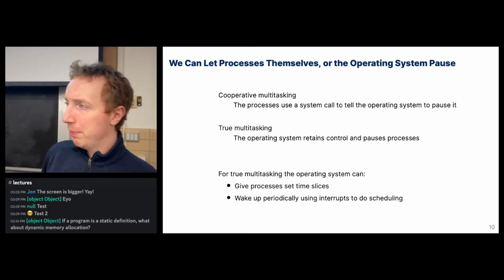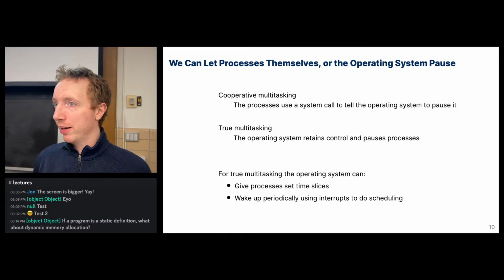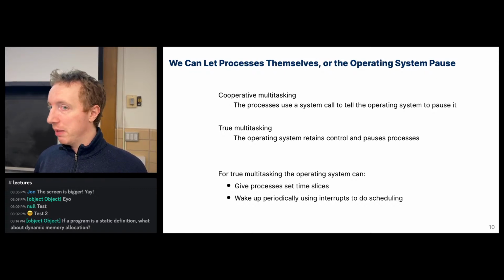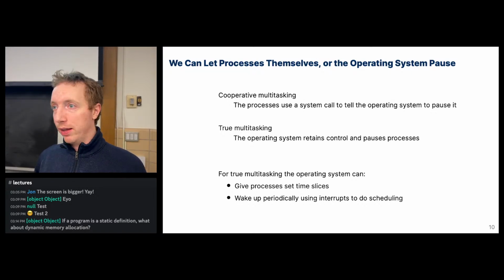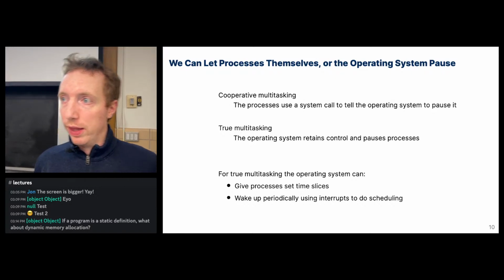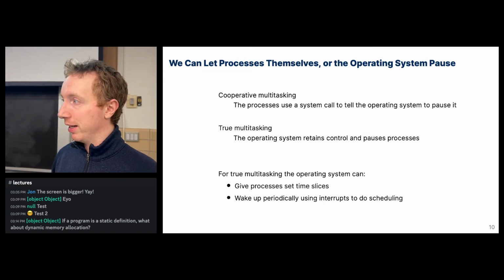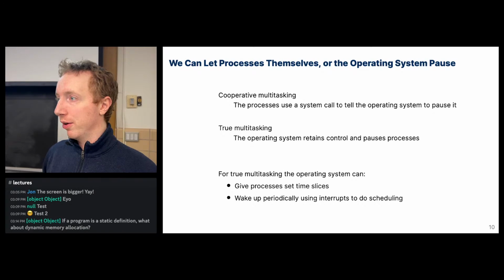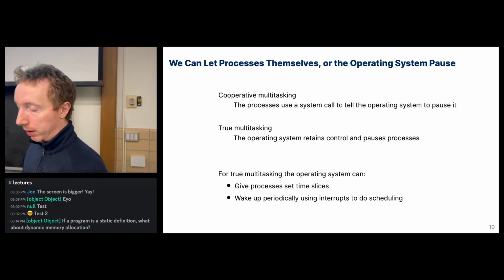Typically, the operating system or kernel will give each process a set time slice, is the simplest way to think about it. It could be really small, like 10 milliseconds, something you wouldn't necessarily notice. Give them all a time slice, and then you just cycle between them, which is the simplest thing you could do. And then they maintain control by periodically setting an interrupt on itself. The kernel would handle that interrupt and start executing again, and then it can go ahead and switch the currently running process.